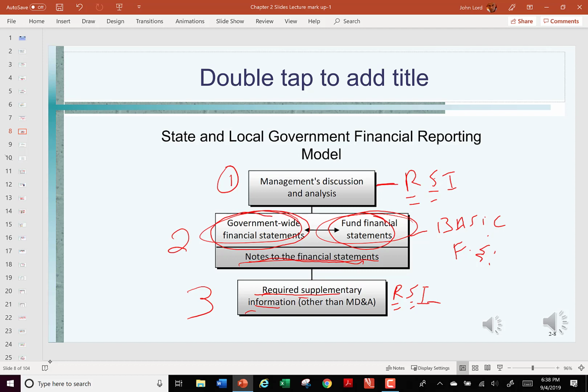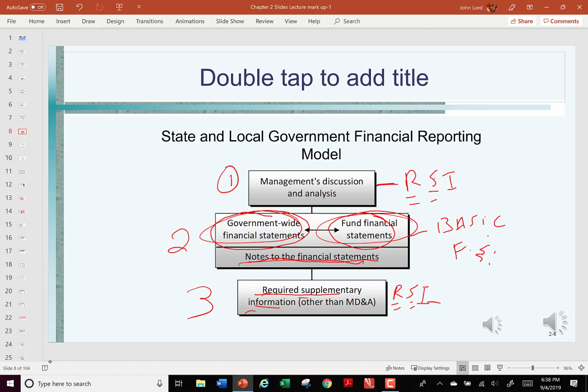How do we know if we have a primary government? If you're a state, you are automatically a primary government, right?